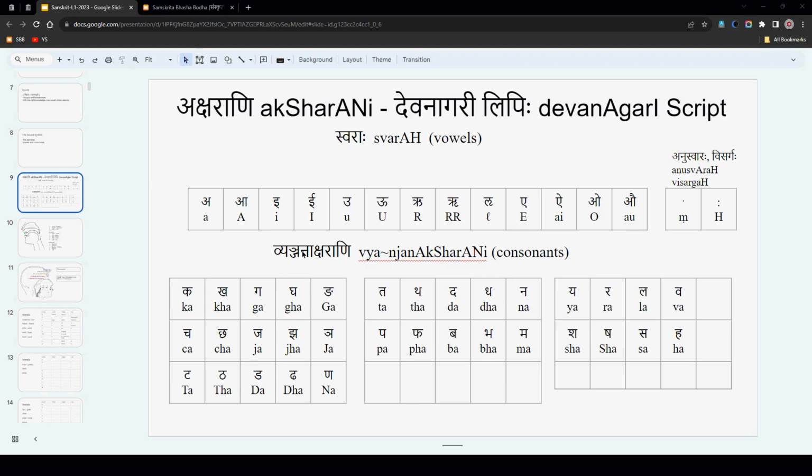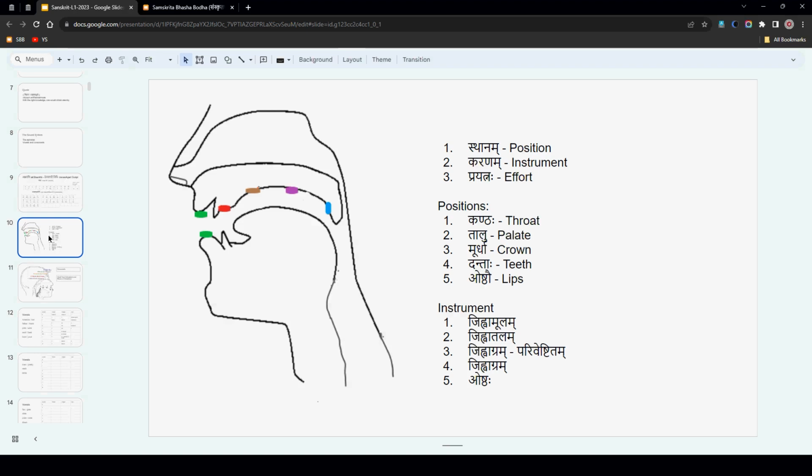Now, how do we pronounce these swaras and vyanjanas? There are guidelines or rules given in the Shiksha Shastram.